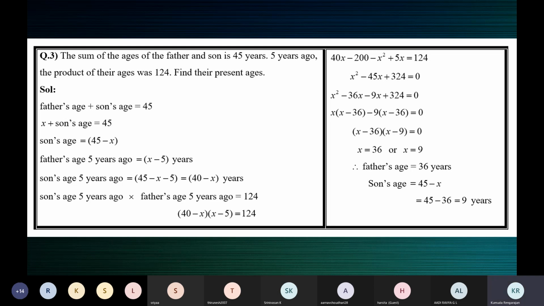So not possible. So we reject x is equal to 9. x is 36, which means the father's age is 36 and the son's age is 45 minus 36, which is 9 years.